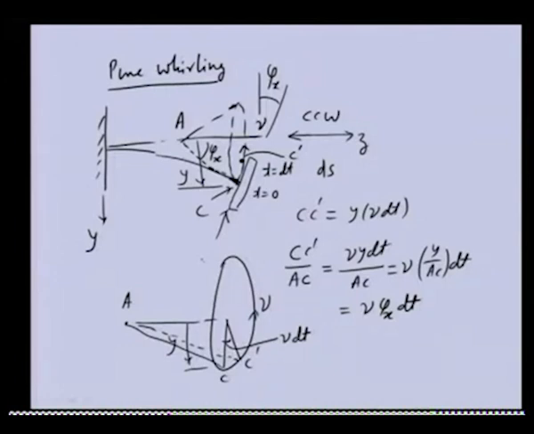So, you see in this particular delta time t, the change of the angle of AC and AC prime, this particular angle is basically CC prime by AC. This is the angle which we have obtained, CC prime and AC.